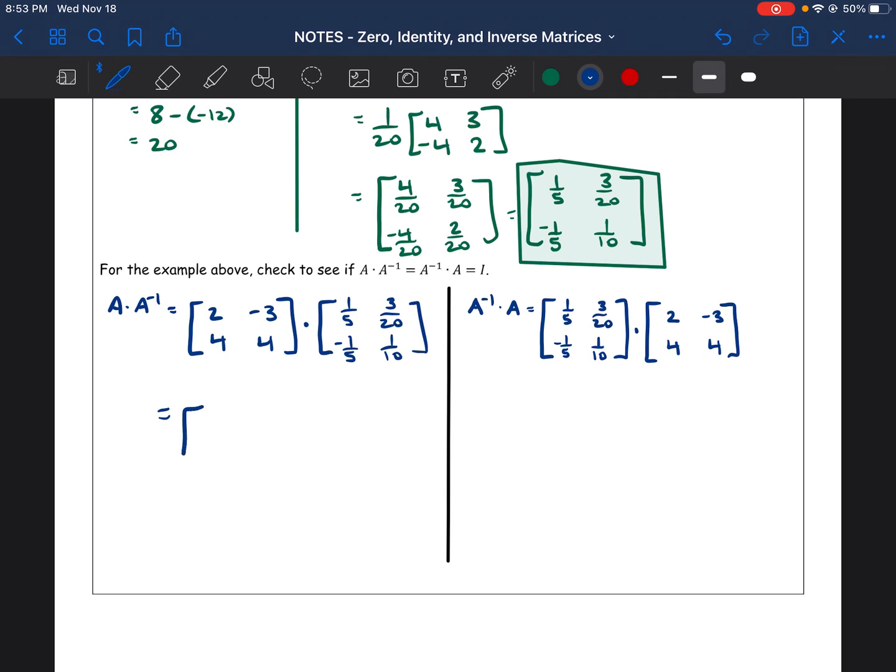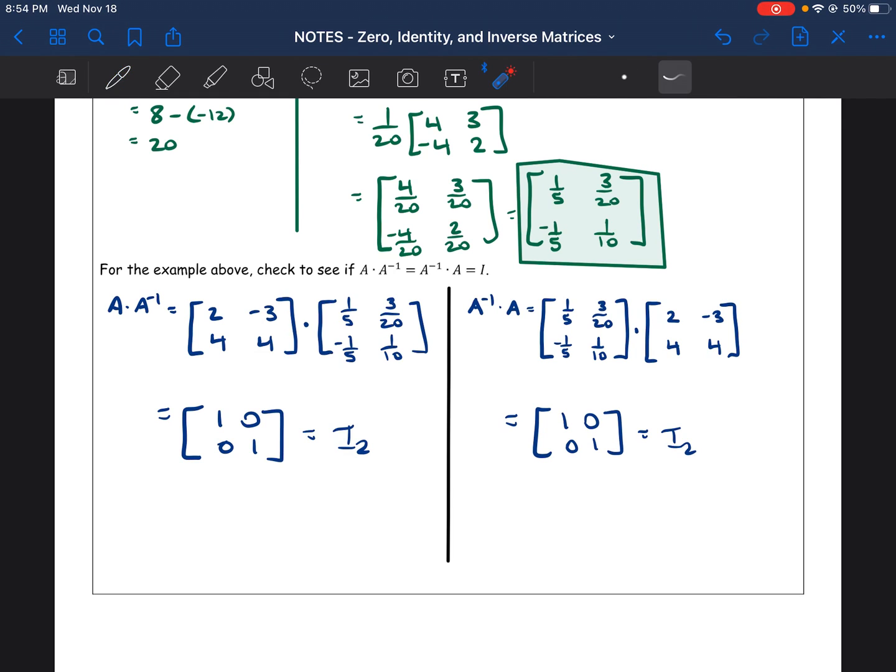We saw that A times A inverse gave us the 2 by 2 identity matrix. We also saw that A inverse times A gave us the 2 by 2 identity matrix. And we'll call it a day there, verifying that A inverse truly is the inverse of A in this case.